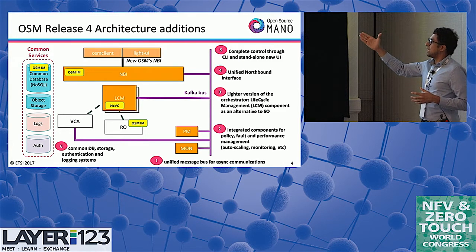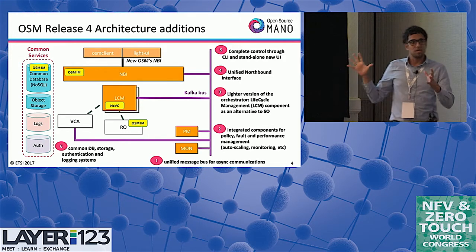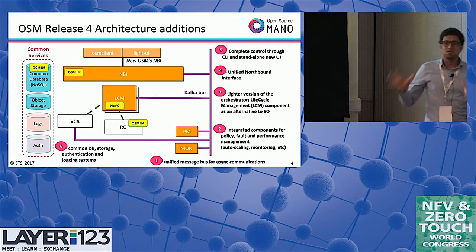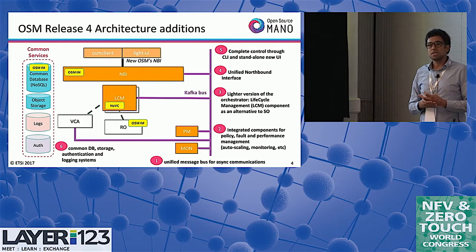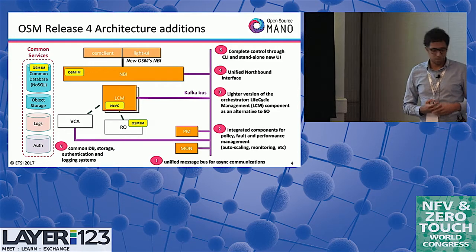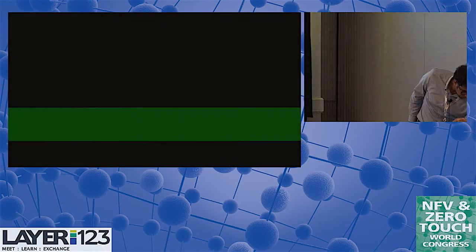So a common database, storage, authentication, and logging systems for the whole system. So there's a huge amount of things going on in favor of making this project a production-ready NFV stack.